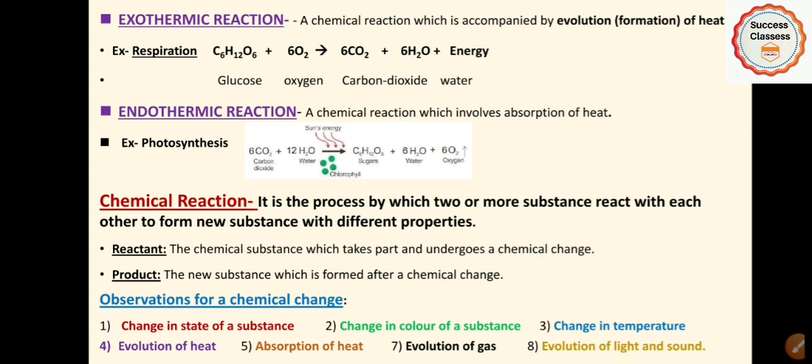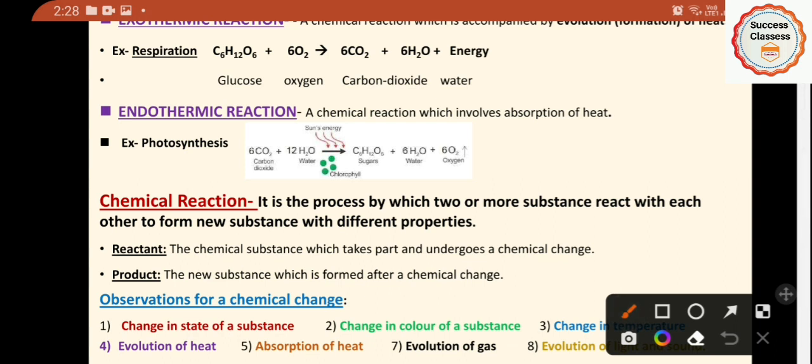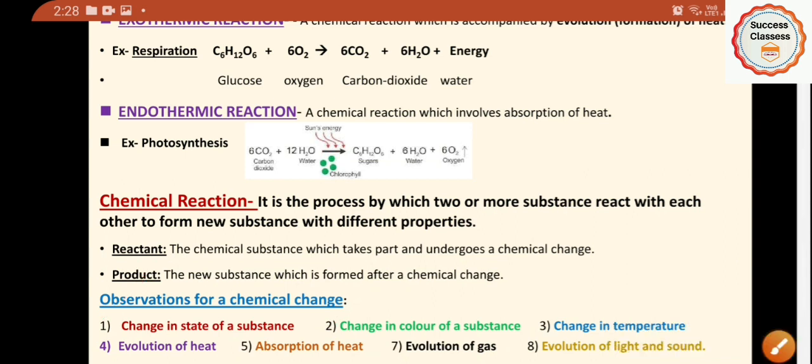The first is the change in the state of the substance, that is, from solid state to liquid state or liquid state to gaseous state, etc. Second is the change in the color of the substance. We have seen that there are a few experiments where the color of the reactant changes, so with the help of color we can say that a chemical reaction has taken place.